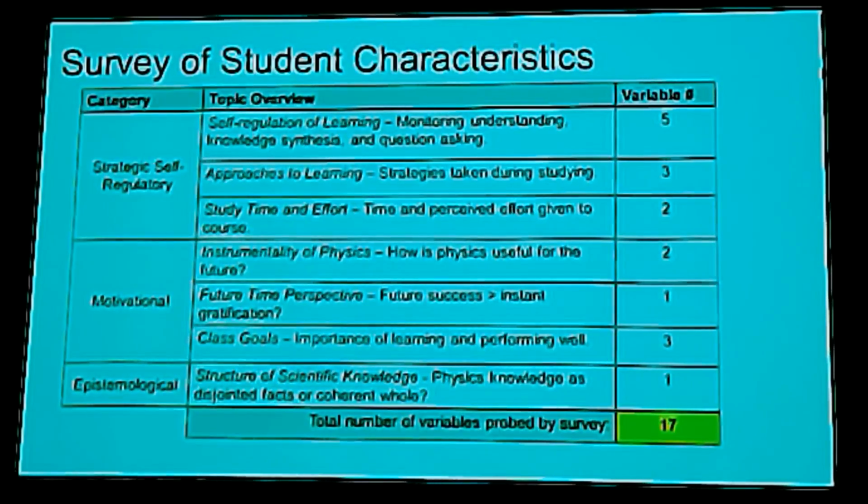So a question on there is like, there's a party to go to tonight, and there's a test tomorrow. How likely are you to go to that party instead of studying for your test, right? So how important is the future to an individual versus instant gratification? And then what the importance of learning in the classroom was. And then again, some epistemological measure of the structure of scientific knowledge in the class. So overall, 17 variables we got from this survey.